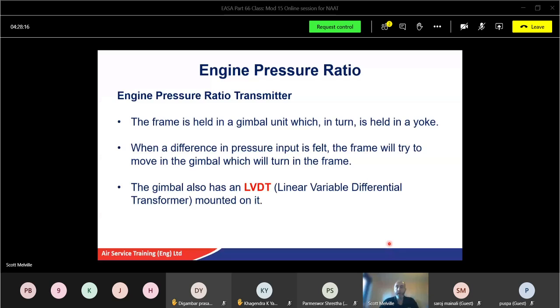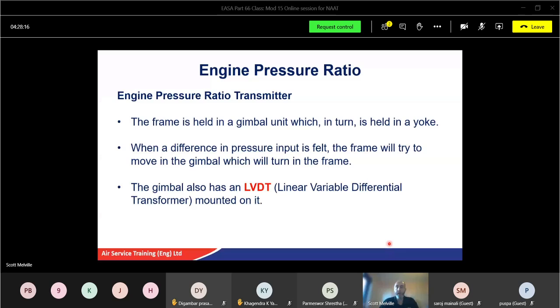Now when the gimbal is out of balance, your LVDT sensor will send an error signal, depending how much it's out of balance, to an amplifier. The amplifier amplifies that, and it goes onto a servo motor. The motor will actually move something now, and we call this movement a null movement of the gimbal. So it'll just set it in position. The LVDT returns back to the set position and will also drive a potentiometer, so we'll change the amount of voltage.